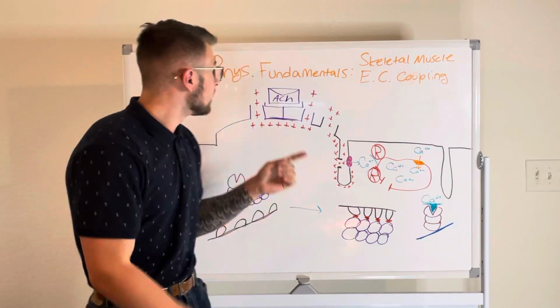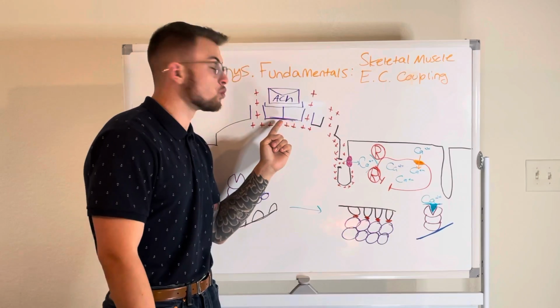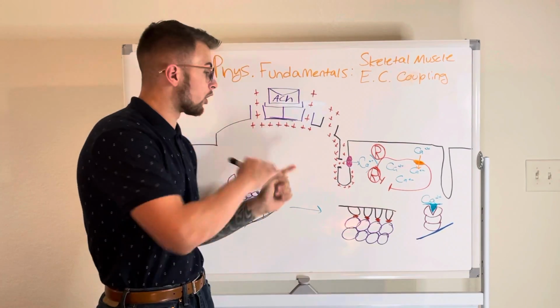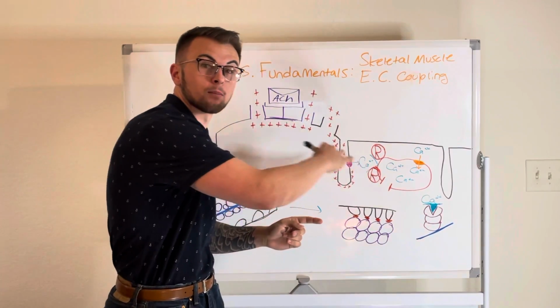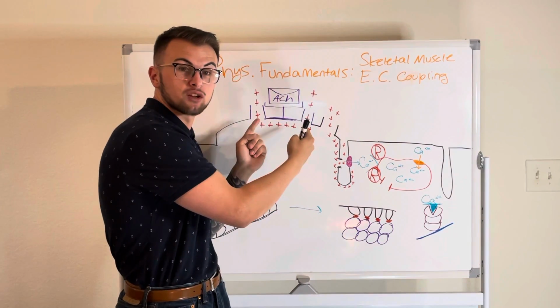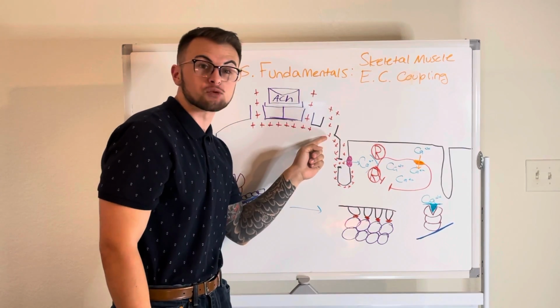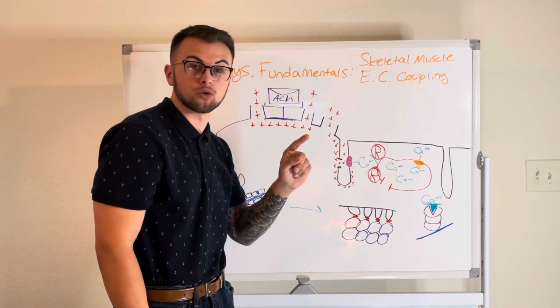As we know, the acetylcholine has been released and is now bound to our nicotinic receptor on our muscle cell membrane. This causes sodium and potassium channels to open, which bring our voltage-gated sodium channels to threshold potential.